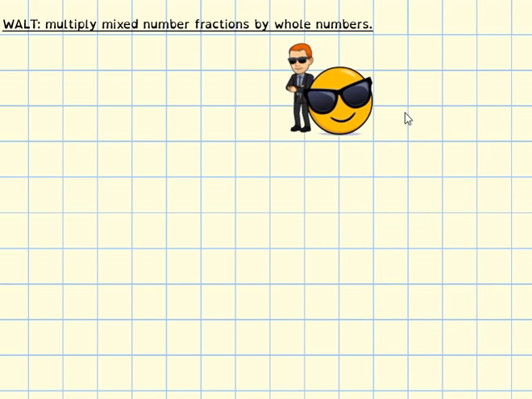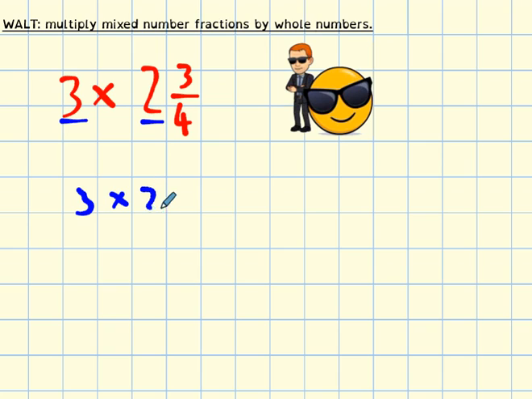Let's do finally multiply 3 lots of 2 and 3/4. So first step, times the two wholes together. So in this case, we've got a 3 and we've got a 2. Which will give me, of course, 6.